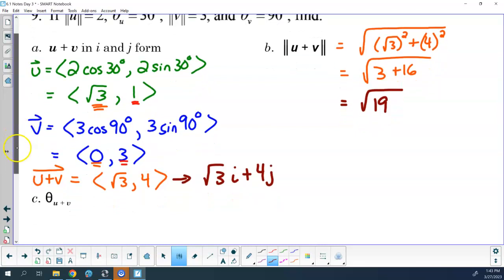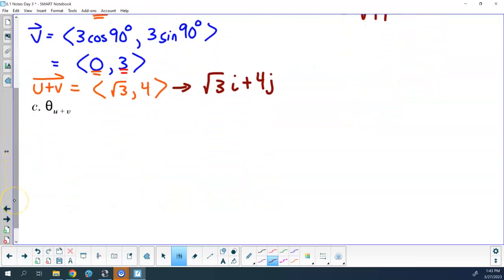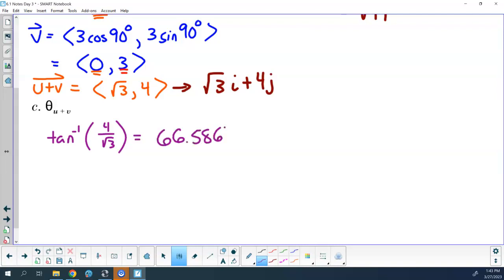And the direction angle, that would be the inverse tangent of 4 over the square root of 3. I get that.